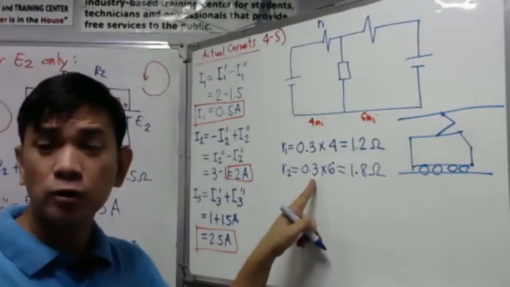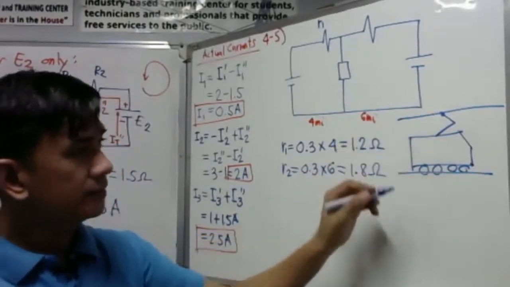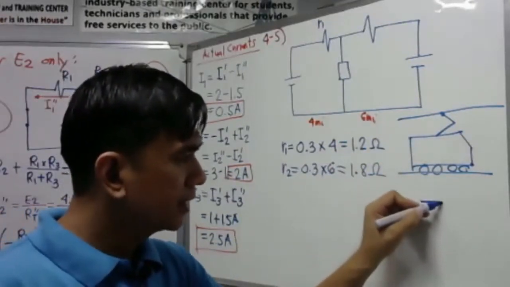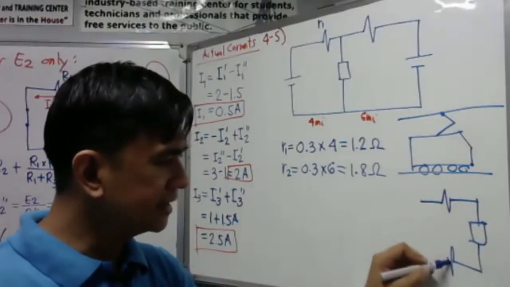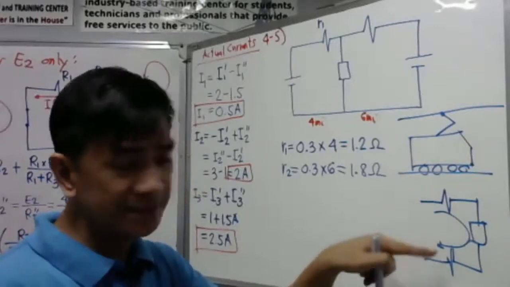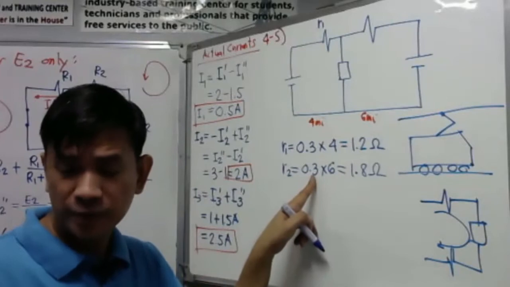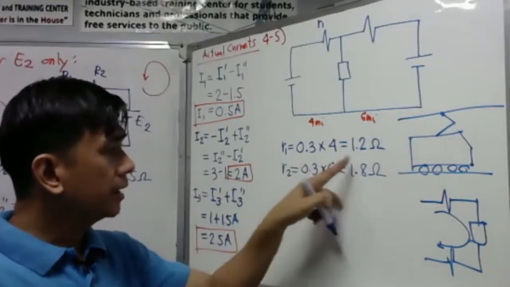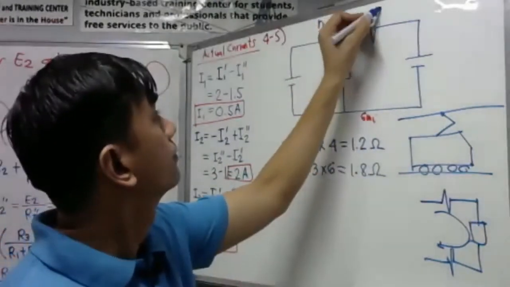This is what we call the loop resistance, meaning we have resistance on the upstream and on the downstream, so it is already multiplied by 2. No need to multiply by 2. Okay? So these are the two values of R1 and R sub 2.